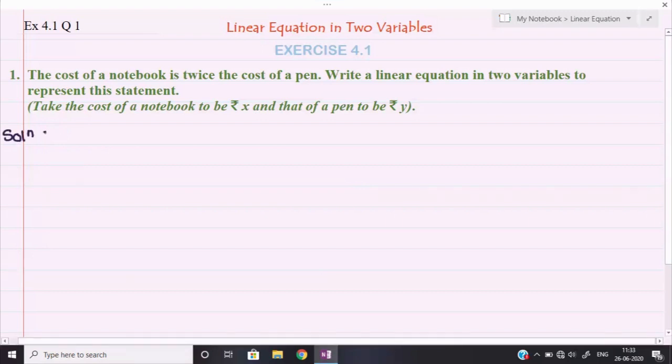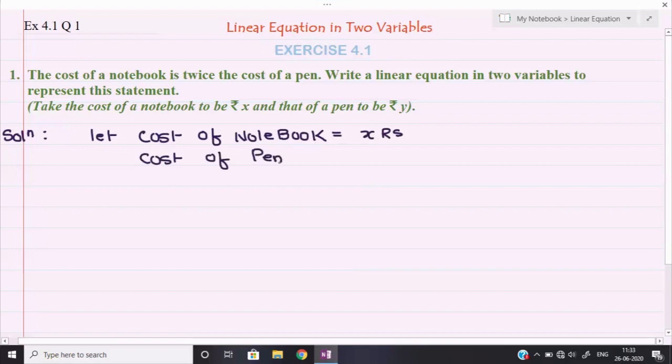Let the cost of notebook be x rupees. Second, we shall suppose the cost of pen is y rupees.